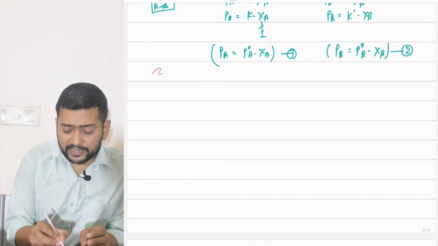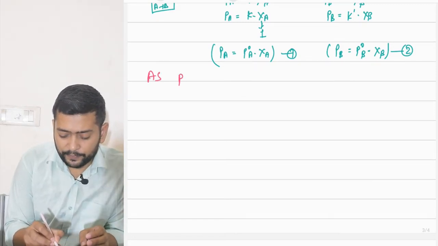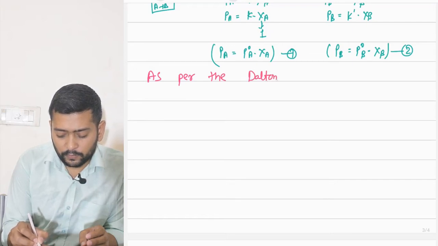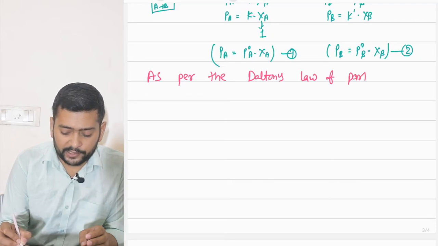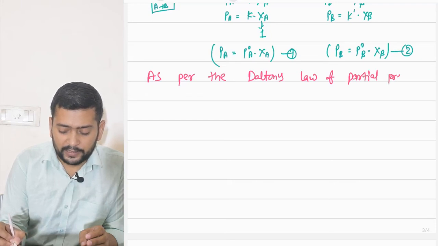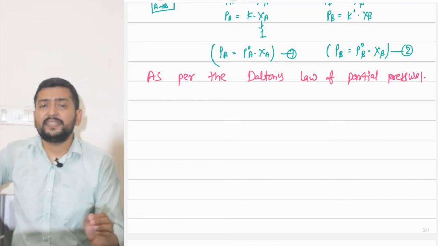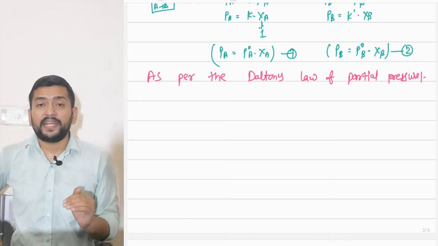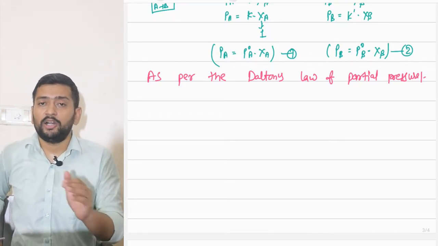Now, as per Dalton's law of partial pressure, what does this law say? It says that for a mixture of non-reacting gases, the total pressure is the sum of the partial pressures of all the components.